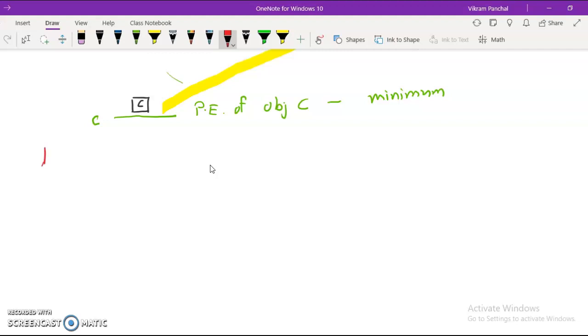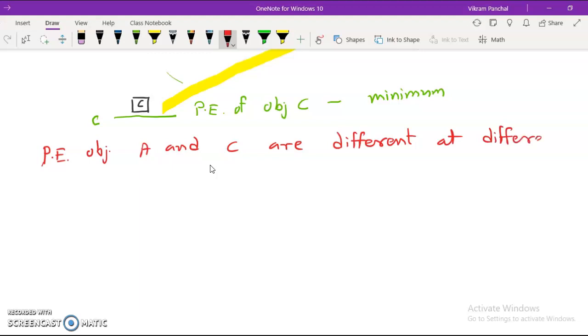So the potential energy of objects A and C is different at different positions or at different levels, that is level A and level C.